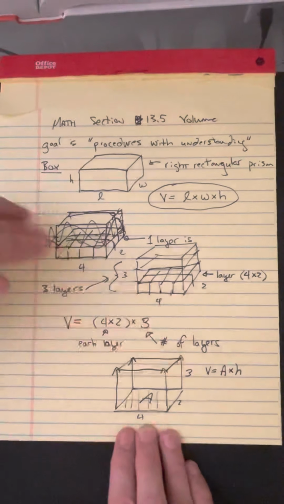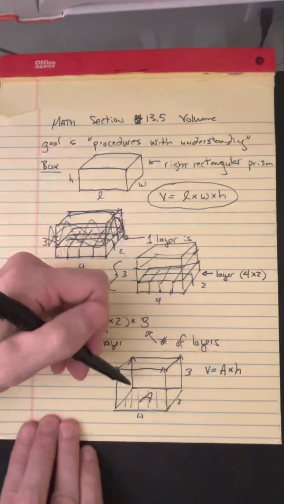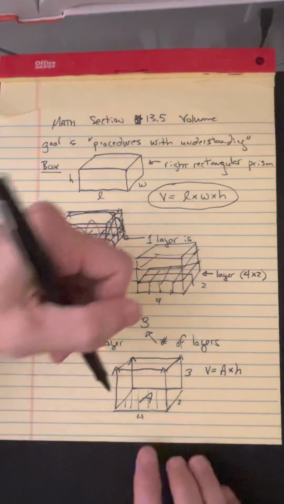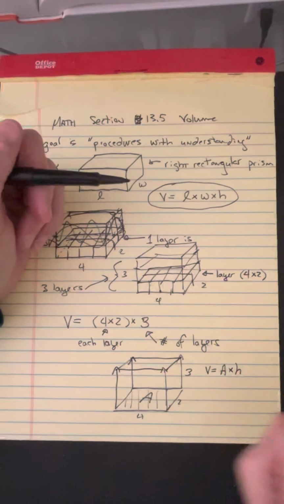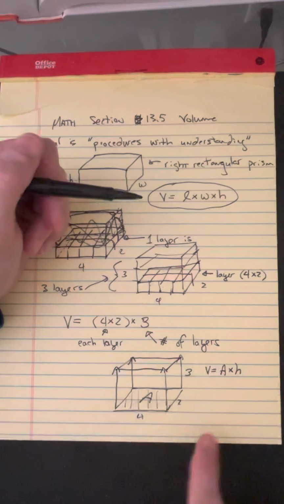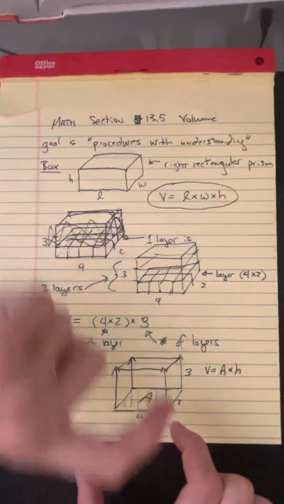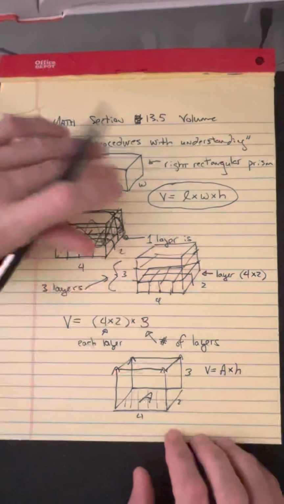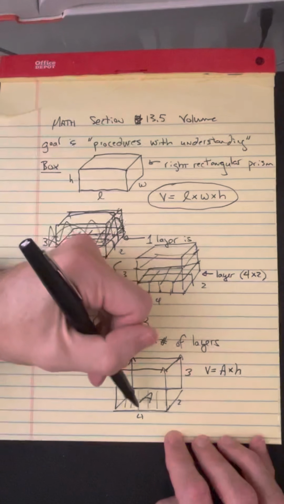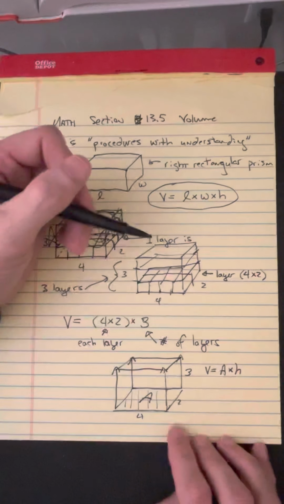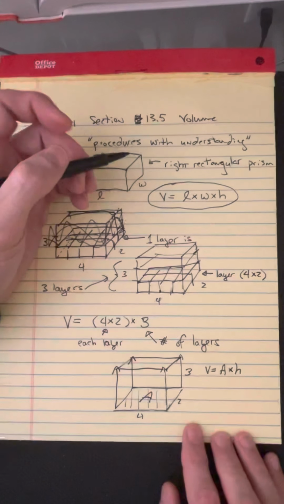And the way to think about this maybe is, instead of layering, you think of it like a syringe, or like one of those things that kids use to push Play-Doh through, right? If you have a rectangular hole and you push the Play-Doh through, it makes a box-like shape. So area times height gives you the volume of the box.